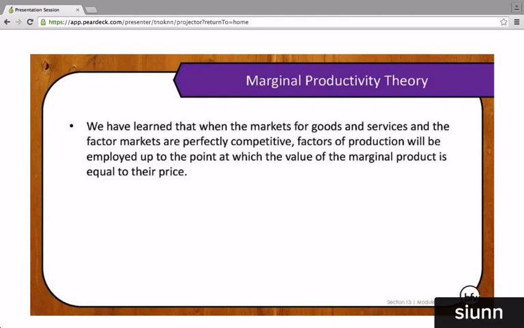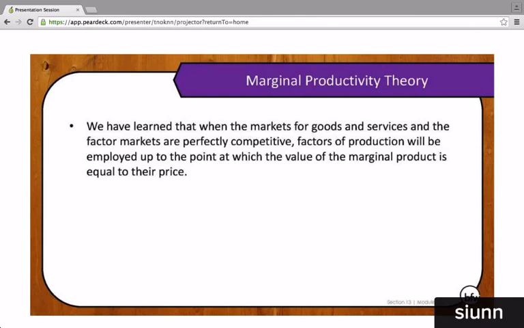And it helps to explain the distribution of income that we saw in the last module. Because labor's share of factor income is about 70%, it must be the case that labor's value of the marginal product is greater than other factors for land and capital.